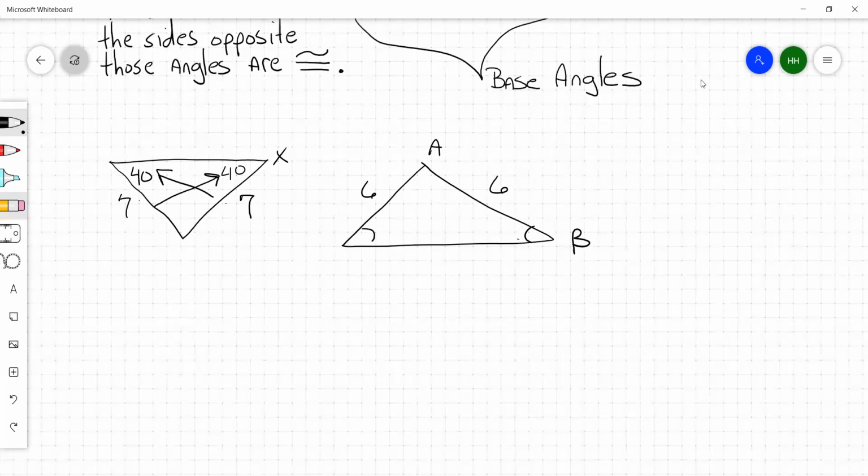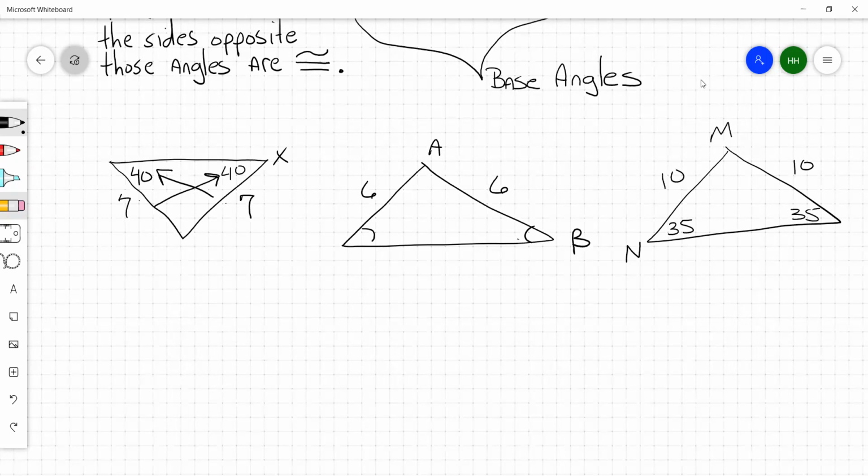So you can also get this same picture and be asked for side MN. All right, side MN would be 10 as well. If the angles are congruent, then the sides opposite are congruent. If two sides of a triangle are congruent, then the angles opposite those two sides are also congruent.